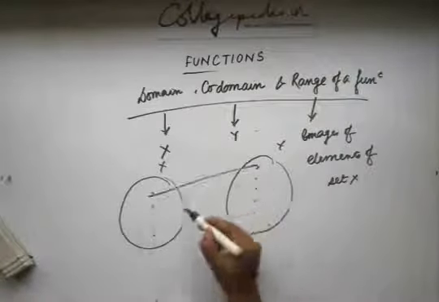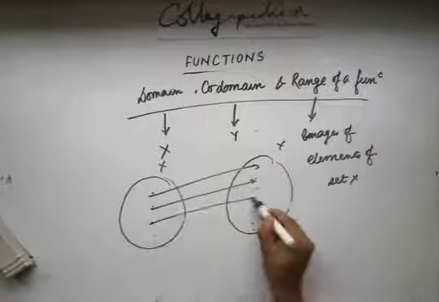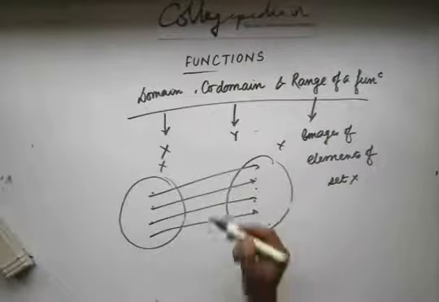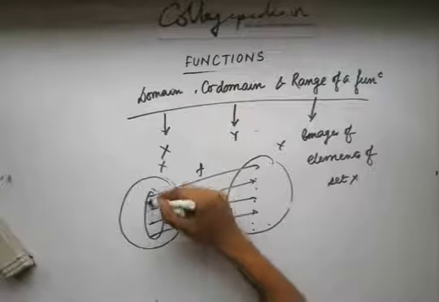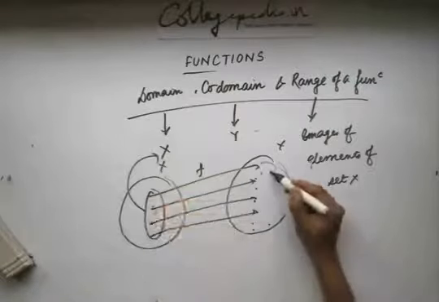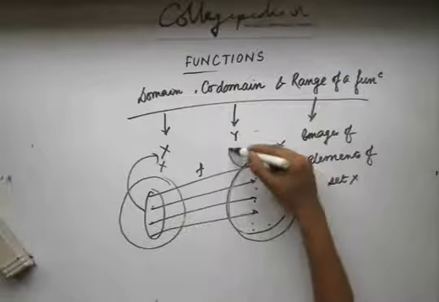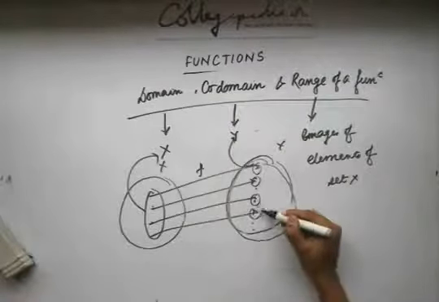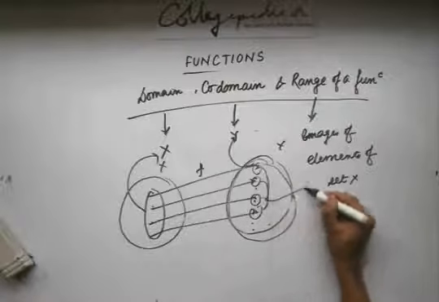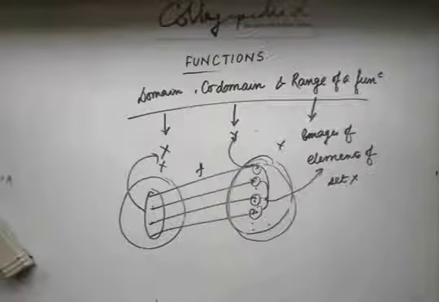Now we had a mapping from set X to set Y using some rule f. All the elements of X are the domain, all the elements of Y come in the codomain, and only these images comprise the range of the function.